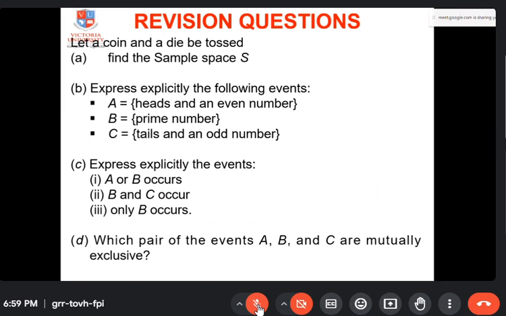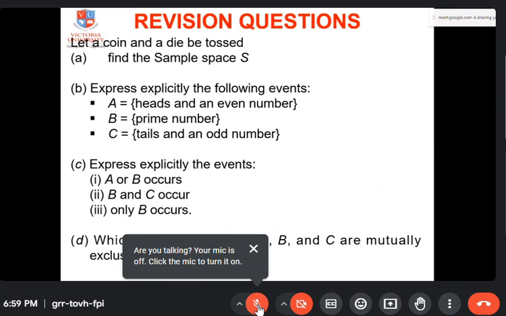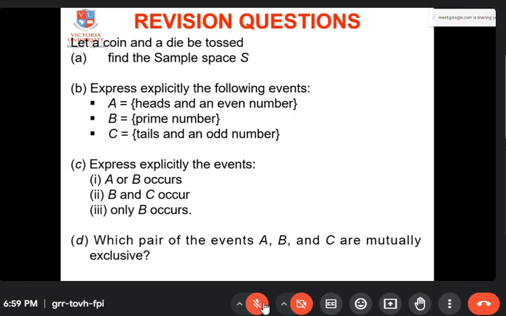So for set B, the prime numbers, we said you have 2 head, 3 head, 5 head, then 2 tail, 3 tail, and 5 tail. When you combine that with 2 head, 4 head, 6 head, that will give you A or B, that is A union B.